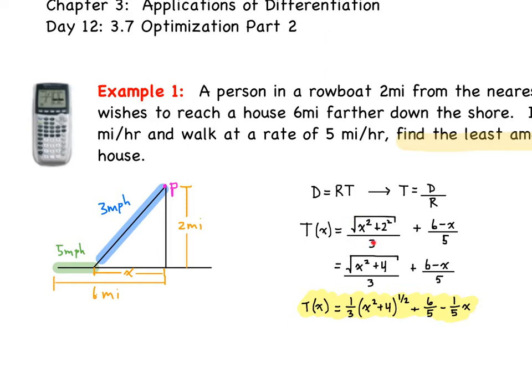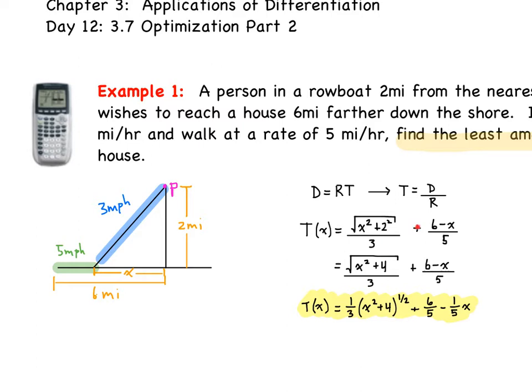Okay, so how do we talk about the time for rowing? Well, we should recognize that this is the hypotenuse of a right triangle here. So we can simply set up that the hypotenuse, that distance, is equal to the square root of the leg squared plus this leg squared. And the rate at which we're able to row is 3 miles per hour. So here's our distance rowing, here's our rate rowing.